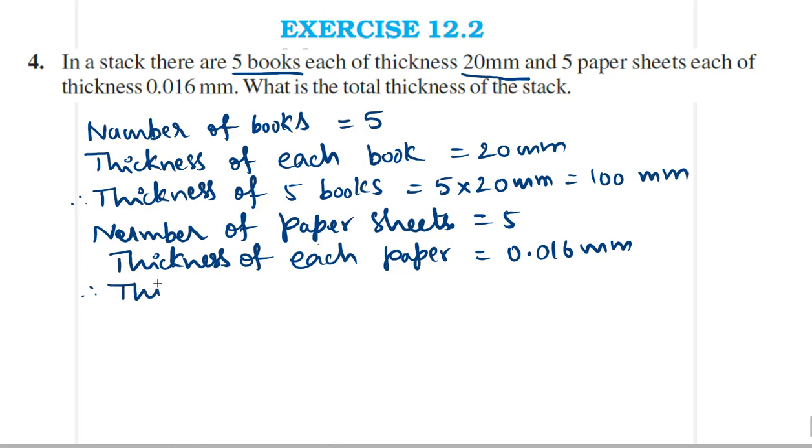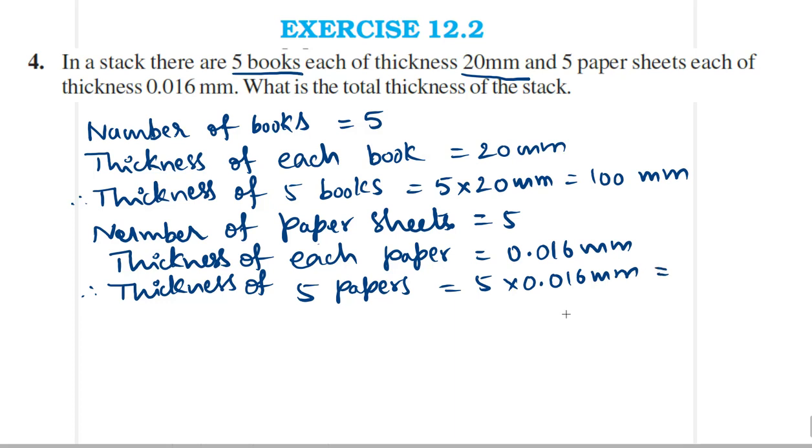Therefore, thickness of 5 papers will be equal to 5 times 0.016 millimeter. If we multiply these two, 16 times 5 is 80. But after the decimal point, we have 3 digits, so in the result also there must be 3 digits. There are only 2 digits, so put 0 here and put the point here and then write 0 here. So 0.080 is the thickness of 5 papers.